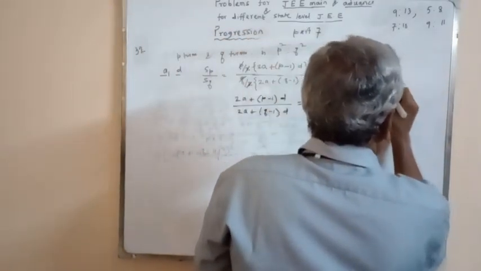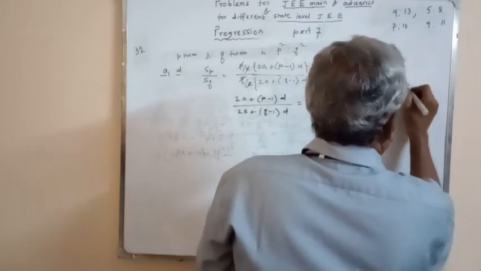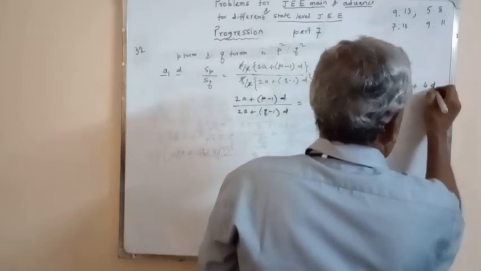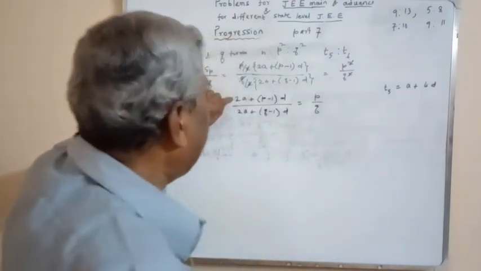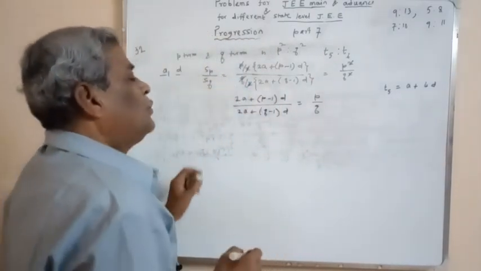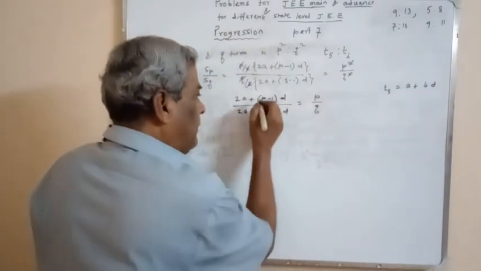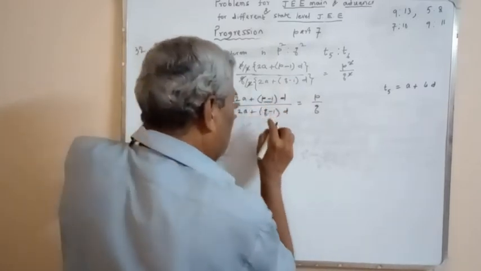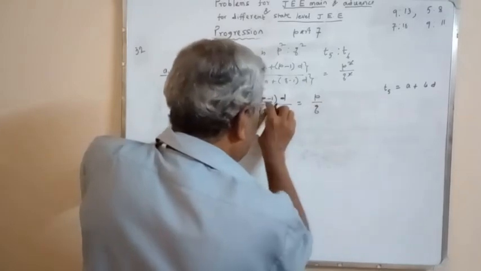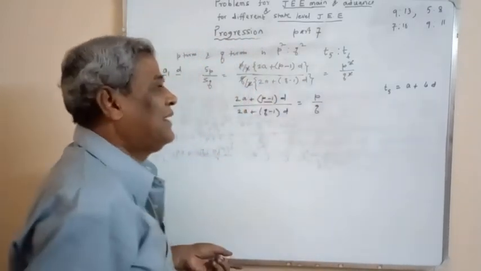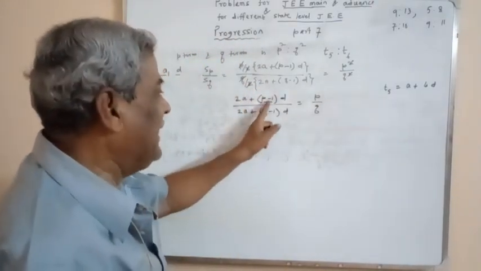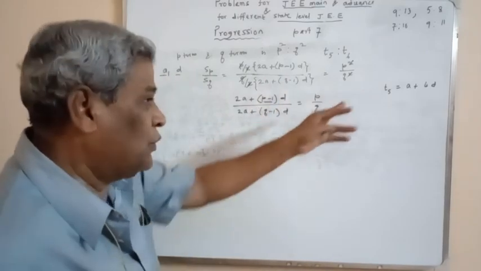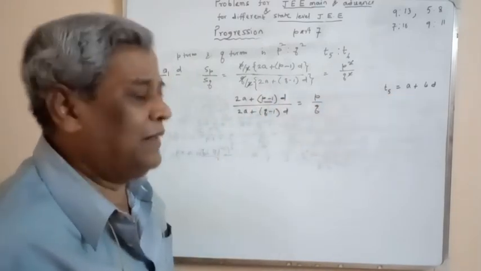We have to find T5 to T6. Actually T5 is equal to A plus 4D. Now here it is 2A, so by putting a particular value of p it should be such that it is equal to 2A, and that should be 8D. In that case, taking 2 common, this is 2 into T5.